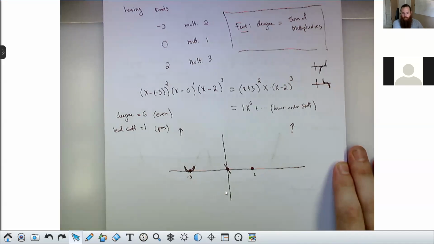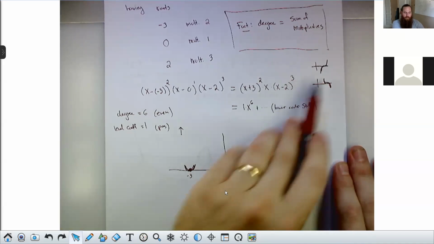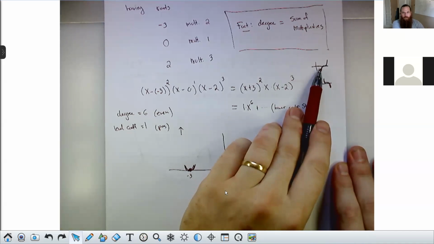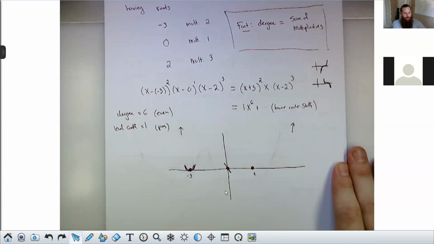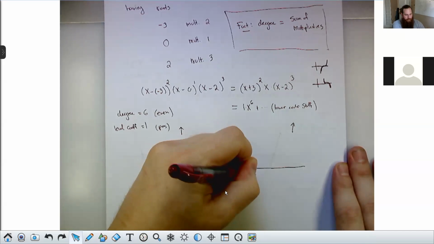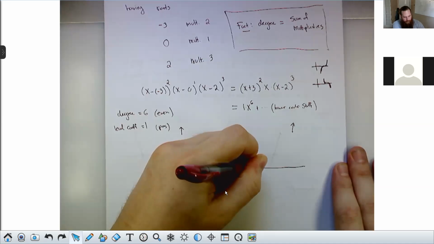Because it's a multiplicity 3 root, the local shape there is this kind of S squiggly shape, and it's either going negative to positive or positive to negative. Well, I leave from here going down, so I have to arrive here negative. So yep, it's got to be something like this.